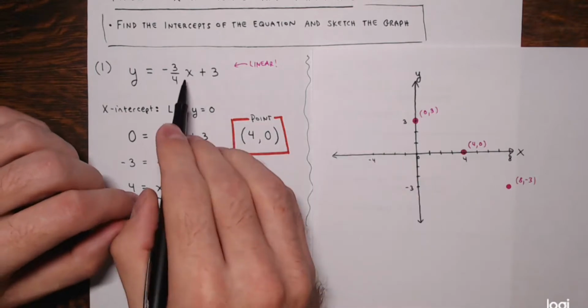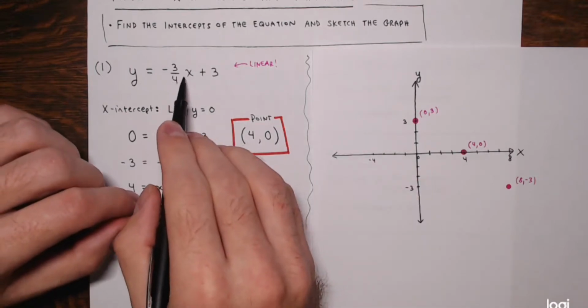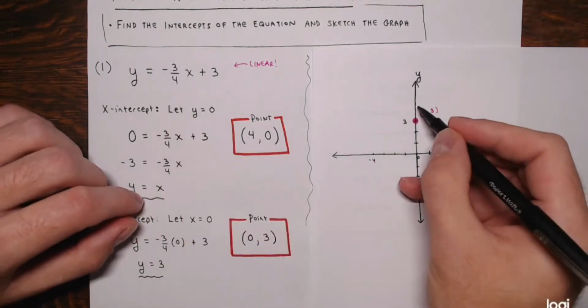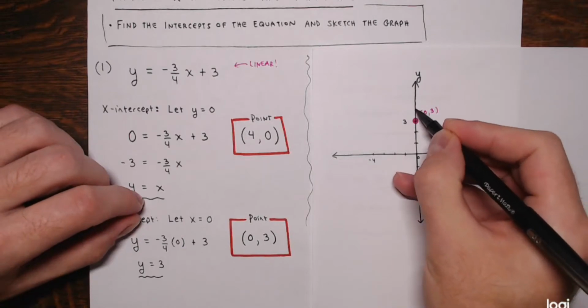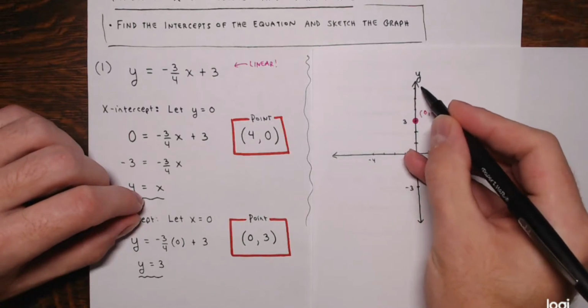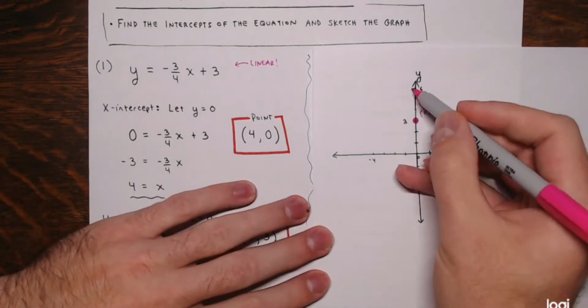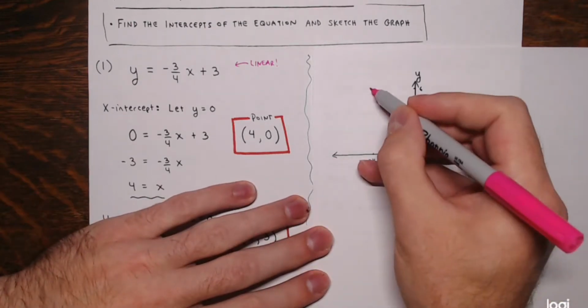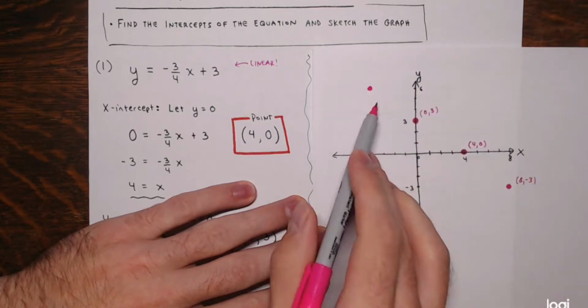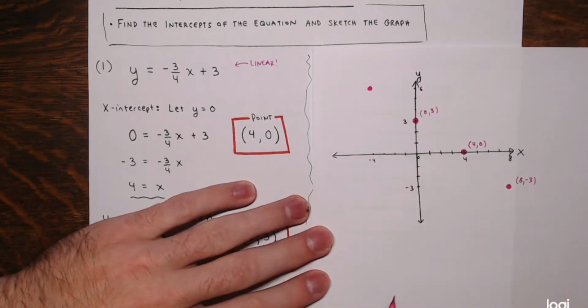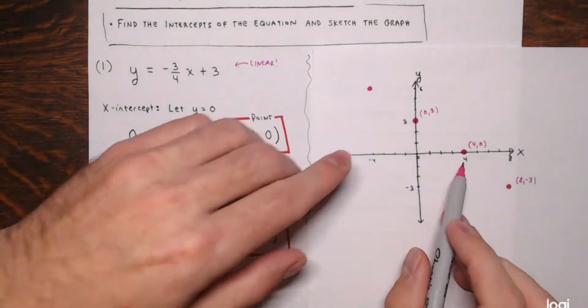If I plug in negative 4, we're getting 3 plus 3, we're getting positive 6 for the output. So negative 4 for x, 6 for y, that looks like about this point here. And all these points should look like they're falling on a straight line. So 2 will be enough.